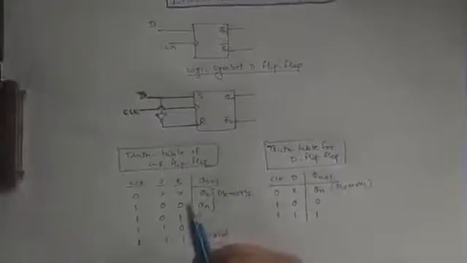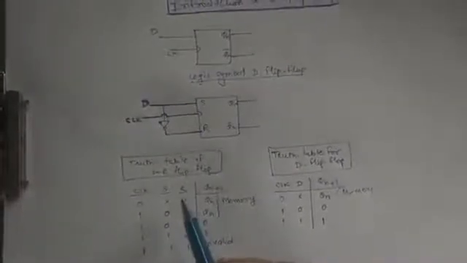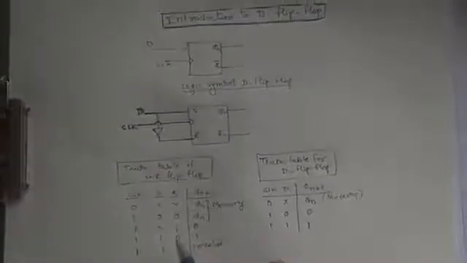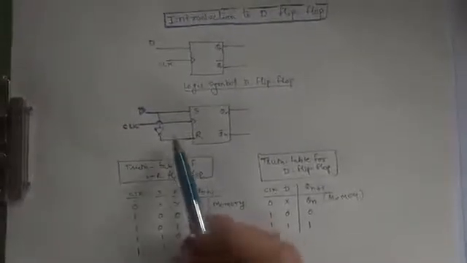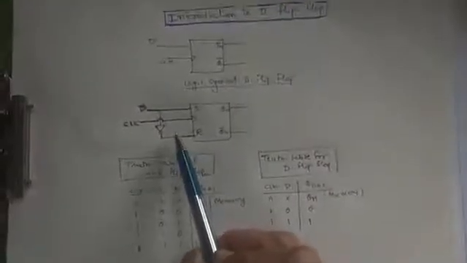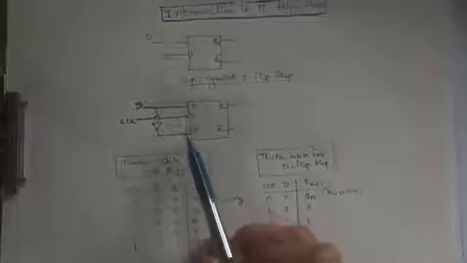And also there is an important point that in this flip-flop, S and R inputs are always complement to each other. So this concept helps us in designing our circuit for D flip-flop from the SR flip-flop.